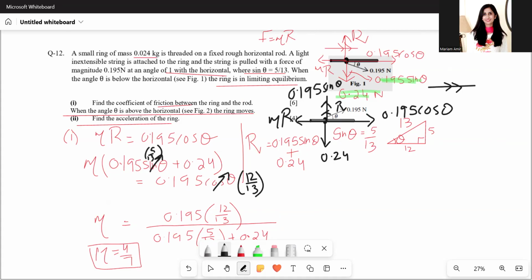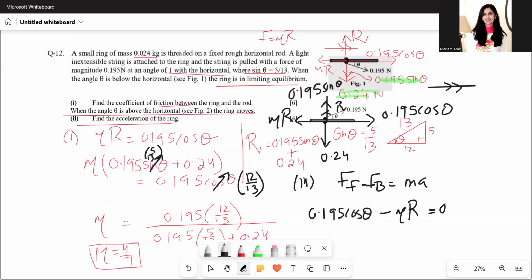Now we're going to use Newton's second law: forward force minus backward force is equal to mass times acceleration. The forward force is 0.195 cos theta, minus the one backward force, the friction mu R, equals mass, which is 0.024, times acceleration.